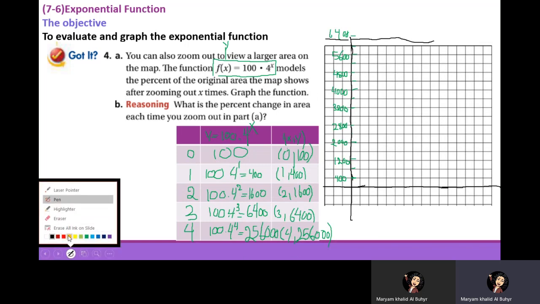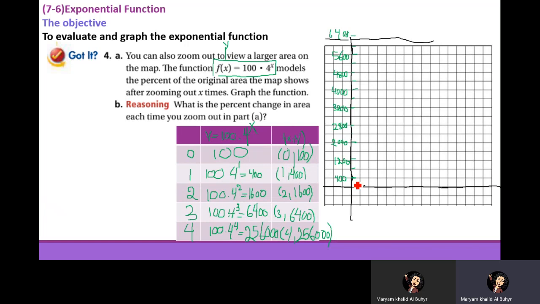So let me sketch now the points that I have. I have 0 and 100, so it will be 1/4 from this one. Because this one is 400, so once you divide this into 4 sections, it will be 1/4 from this one. That will be 100. 100 and 400, 1 and here each one from these will represent 1, 2, 3, 4.